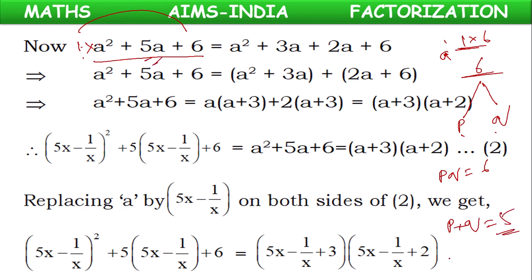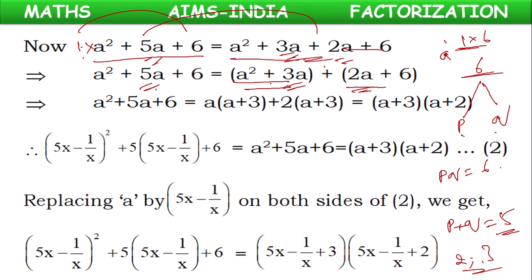So which combination is possible? 2 comma 3. 2 into 3, 6. 2 plus 3, 5. So 5a can be written as plus 3a plus 2a. First two one group. Next two terms one group. First two group, a we can take common, a plus 3 will remain. 2 we can take common, a plus 3 will remain. Now a plus 3 common, a plus 2 will remain.